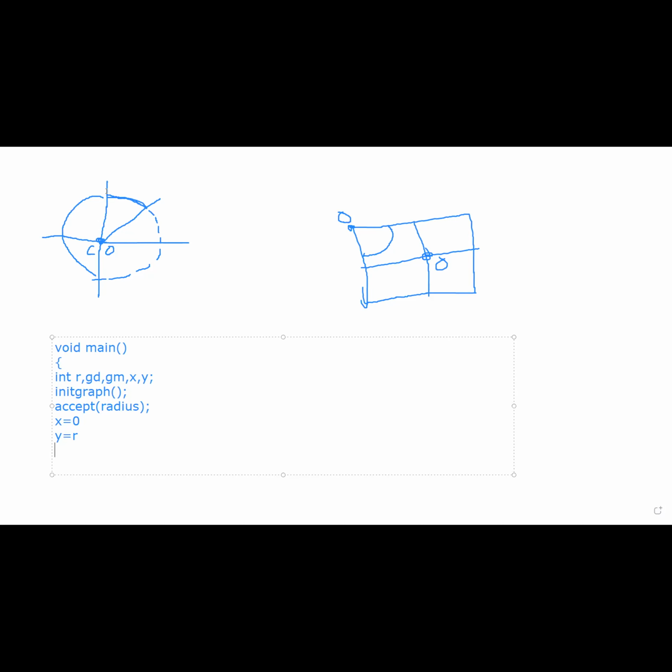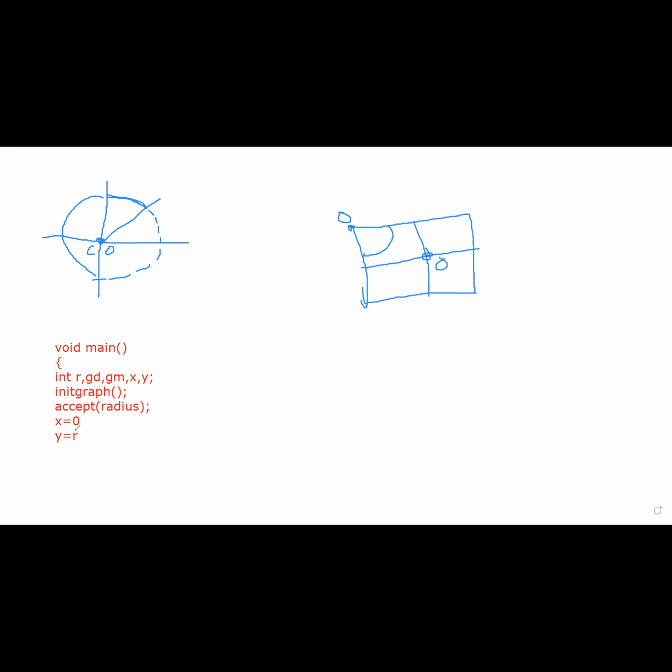If I replace it by (0, minus r), I will get this other point.